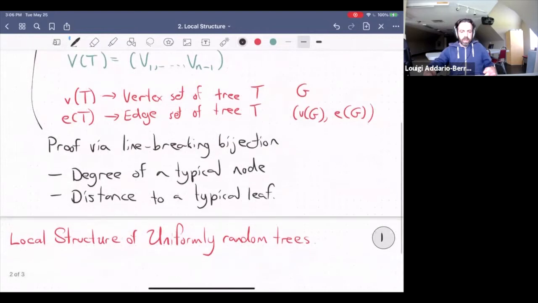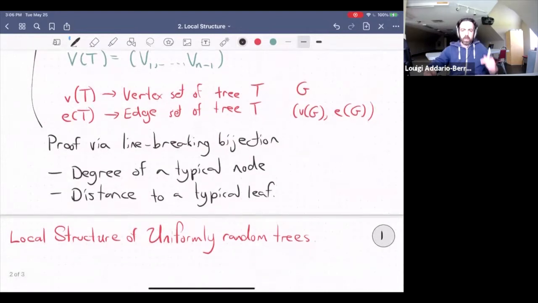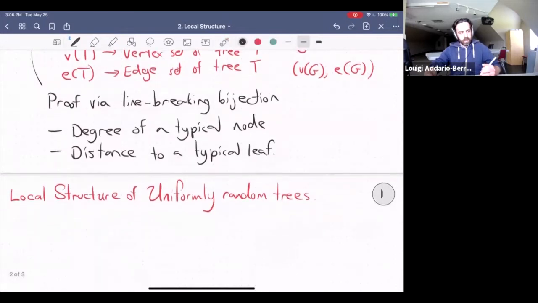Today I want to continue investigating the probabilistic corollaries by looking at aspects of the local structure of uniformly random trees. I'll mean two kinds of things by that, and we'll use one of them to get at the second one. The first thing we'll mean is the subtree rooted at a typical point.